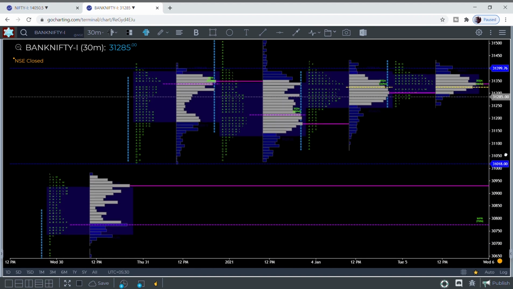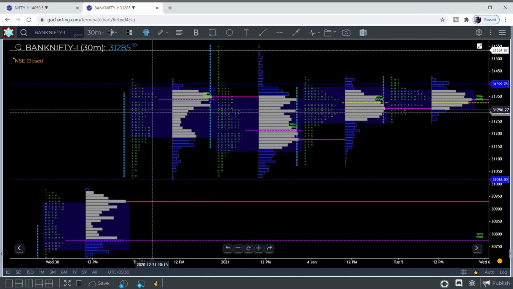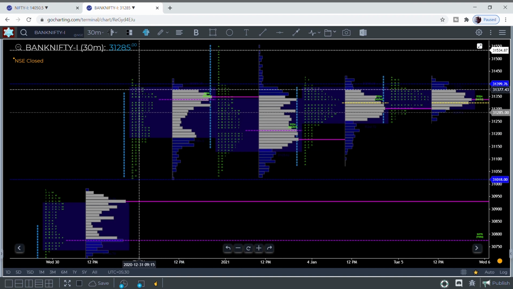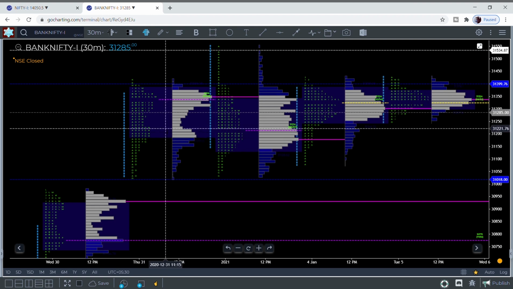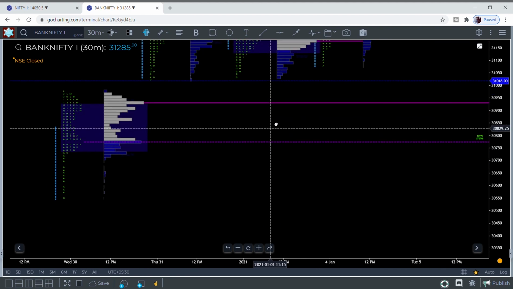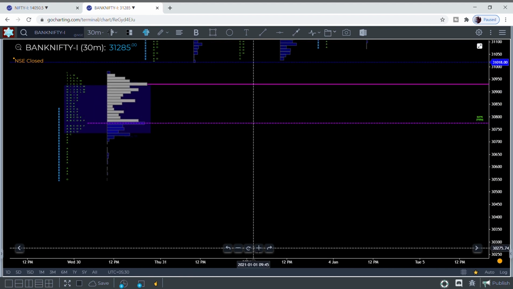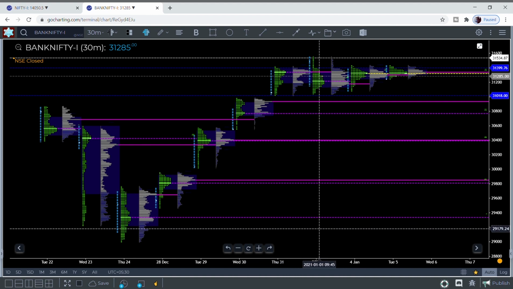If it was actual good selling here, this wouldn't have stood. And if this wouldn't have stood and it would have gone back, I would have called this day a failed auction, of course, because there was a good value area forming here, but it just couldn't respect this. It just couldn't hold, and it went down. And then maybe yes, I could have taken a trade heading in this direction somewhere here.